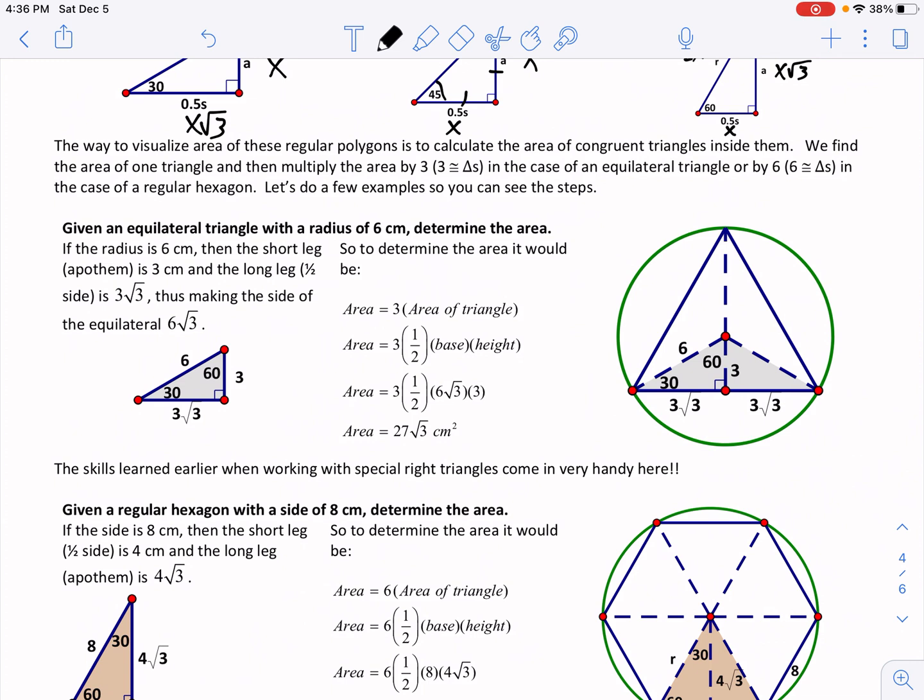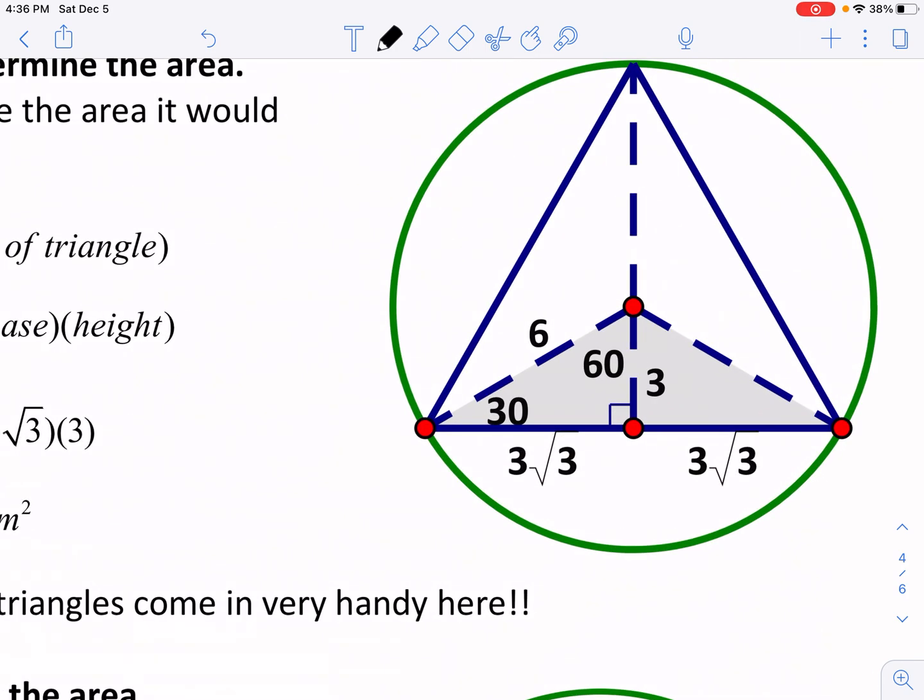So with that in mind, they give us an example here, and they say, given that we have an equilateral triangle with a radius, that's important, a radius is 6 centimeters, we want to determine the area. So what they're saying is if I give you that the radius from the center to one of our vertices is 6, can we determine enough missing information here in order to find the apothem, find the sides, and therefore find the area?